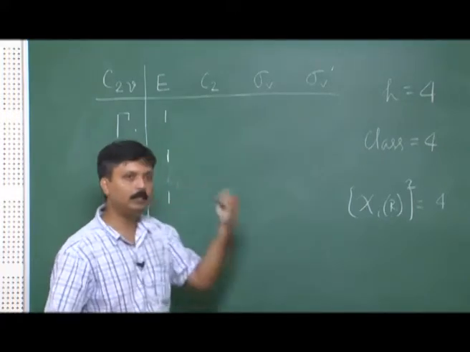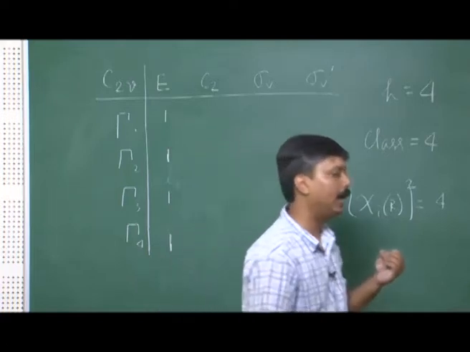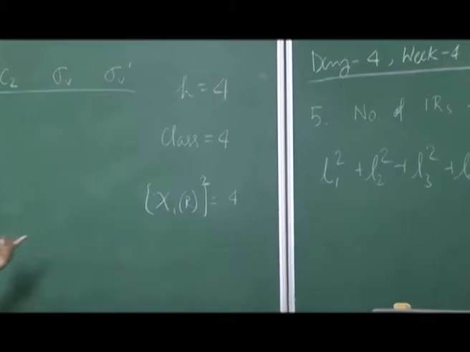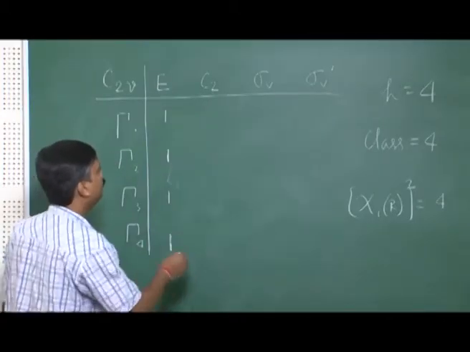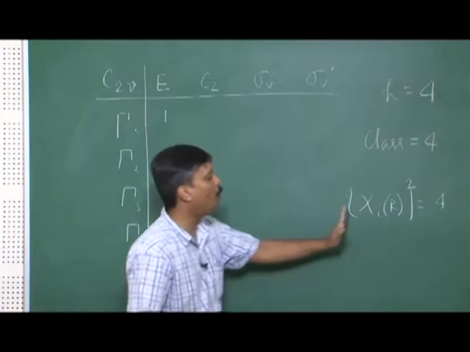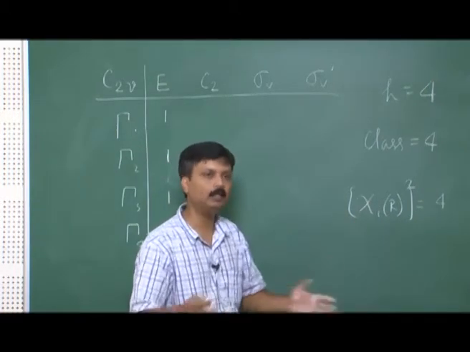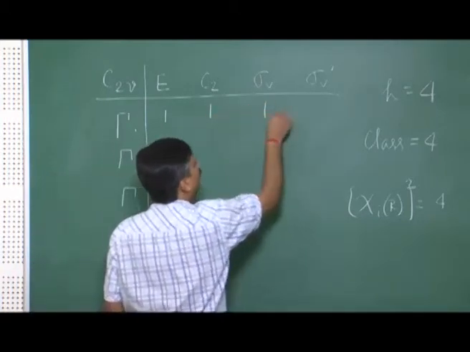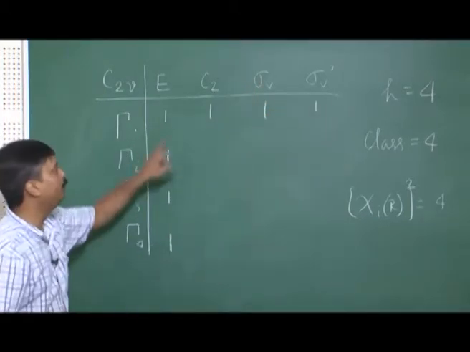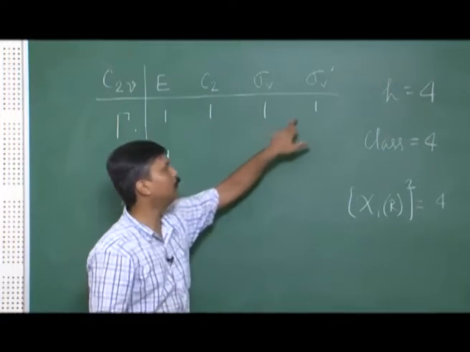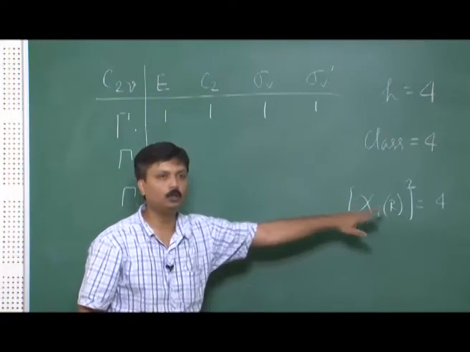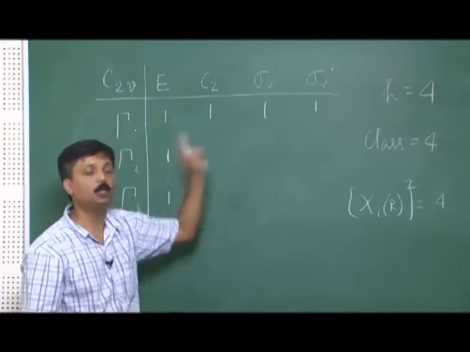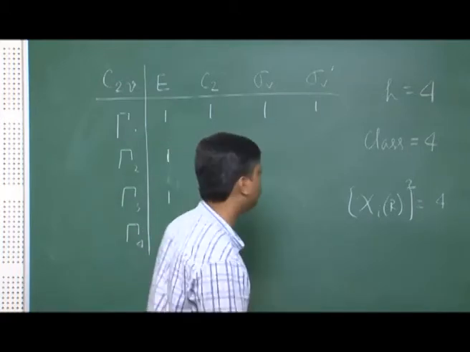Again, as I already said, all these characters can be plus or minus 1 by definition, because it is a one dimensional matrix representation. So, I can have all these characters as plus 1. If I do that, you can verify: 1 squared plus 1 squared plus 1 squared plus 1 squared is equal to 4. So, rule 2 is verified for this particular representation. So, I got my first irreducible representation here.